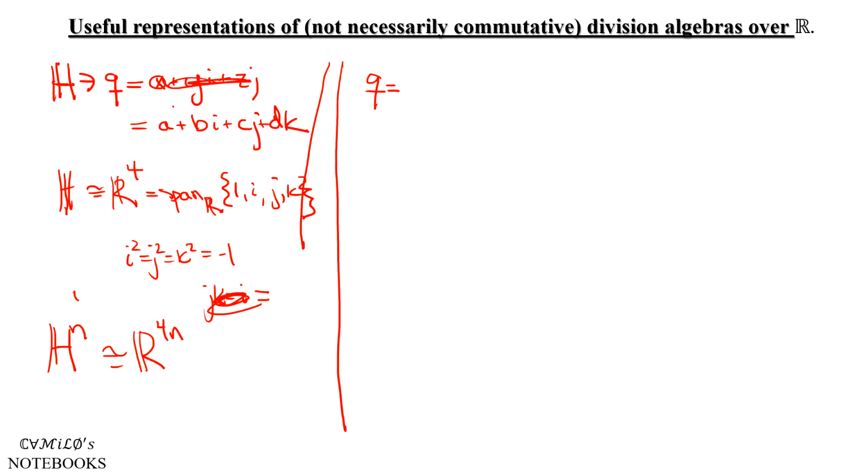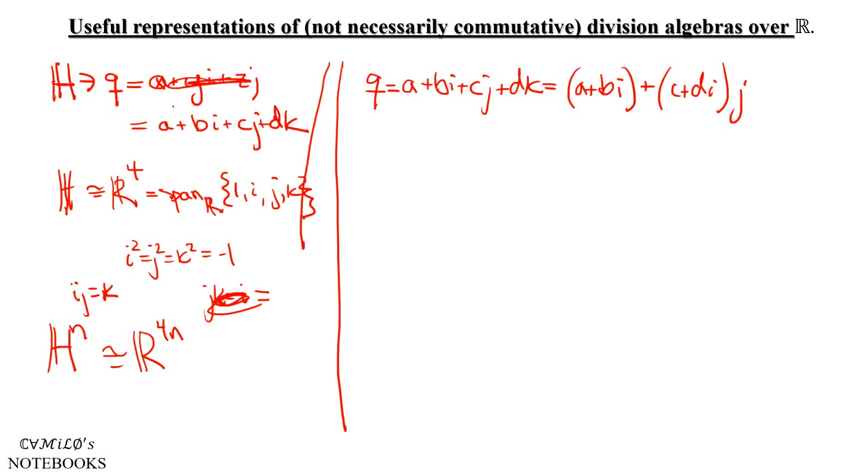From here, it's equivalent that i times j, or you probably already know it's k, so we can factor out a j, and so we can express this a plus bi plus cj plus dk as a plus bi plus c plus di, all of it times j, which we'll call this the complex number z, and this the complex number w, times j, the basis vector.